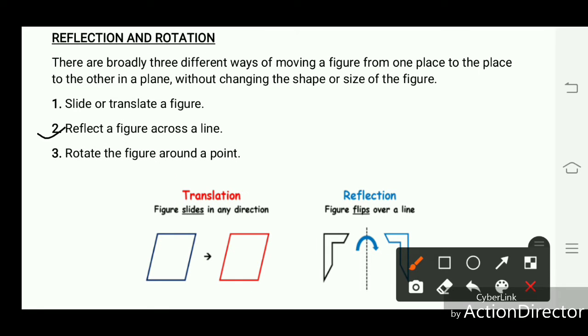Second way, reflect a figure across a line. Like this figure, reflection. The figure flips over a line. Now, this is a figure and its flip on the opposite side of this line.